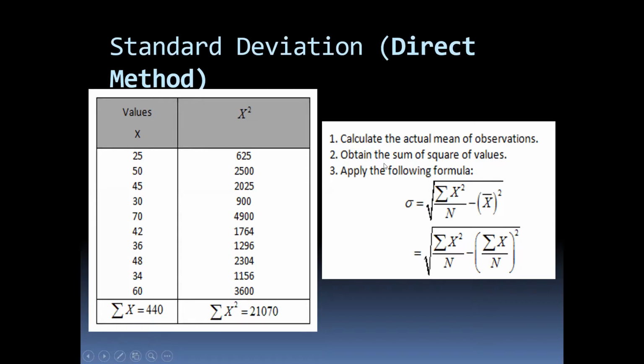Second step is to obtain the sum of squares of values.